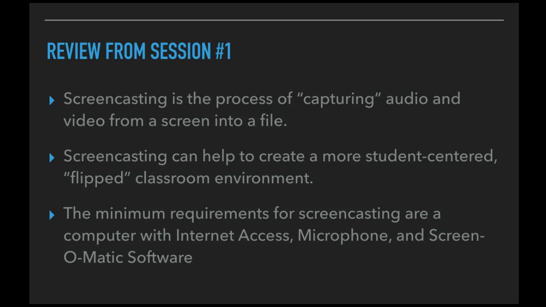You also want a microphone. Almost all computers are equipped, but make sure yours is good enough quality that you can hear the sound, and check that before you start the screencasting process. And then the Screencast-O-Matic software, which we'll talk about in just a little bit.